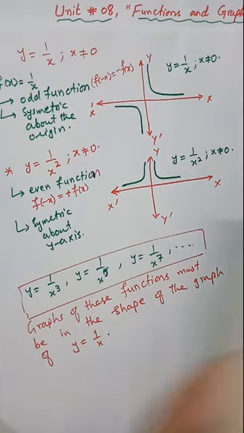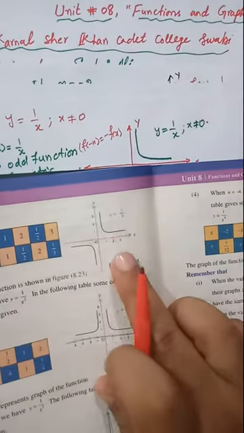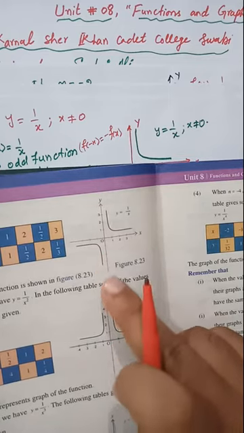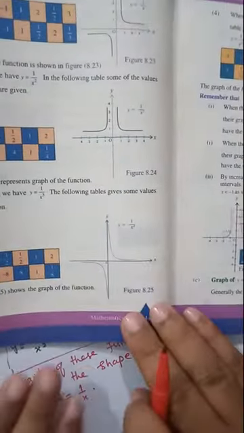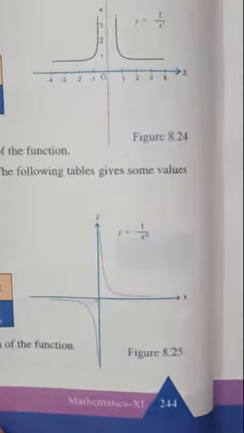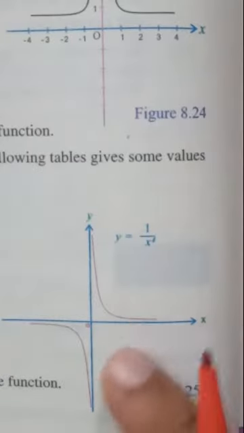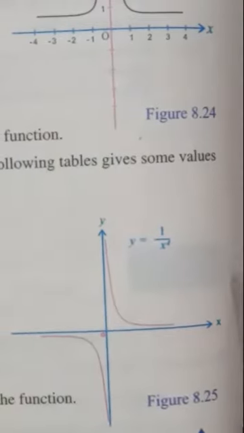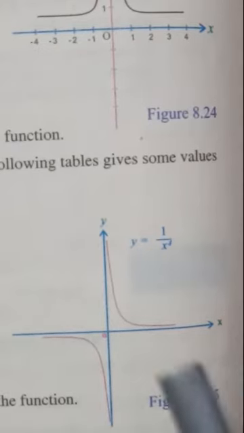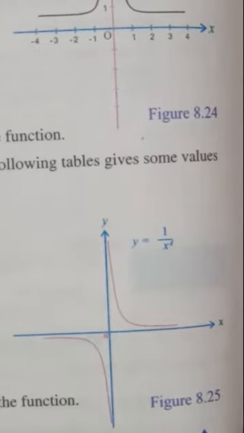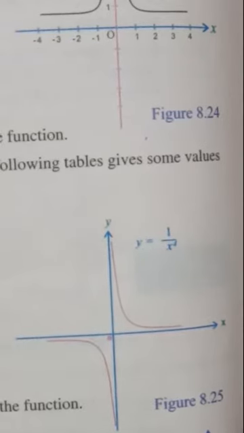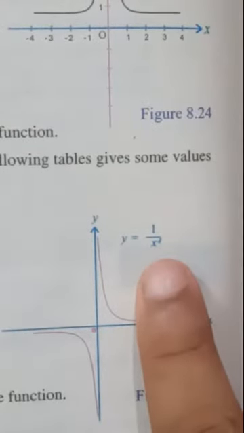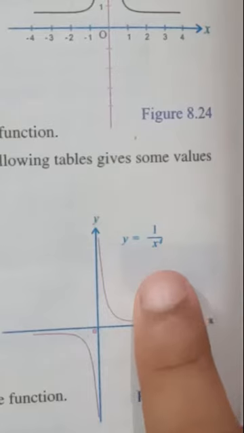You see it from here. This is the graph of y is equal to 1 divided by x, symmetric about the origin, odd function, discontinuous at 0. So the graph of 1 divided by x cube, you see it here, must be in the same position as the graph of y is equal to 1 divided by x, but the branches are a little nearer to the y-axis and x-axis.